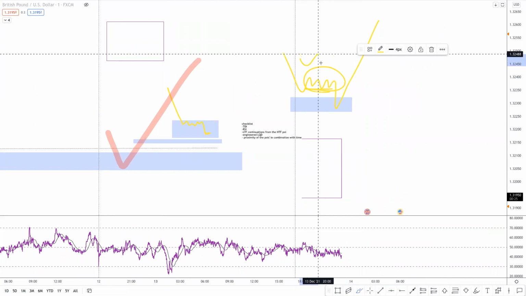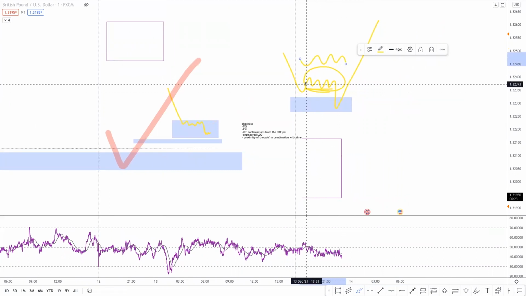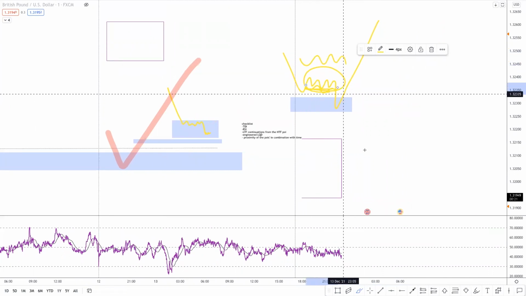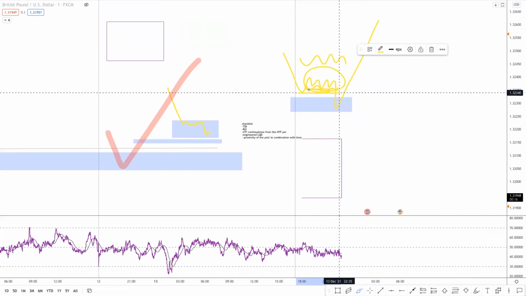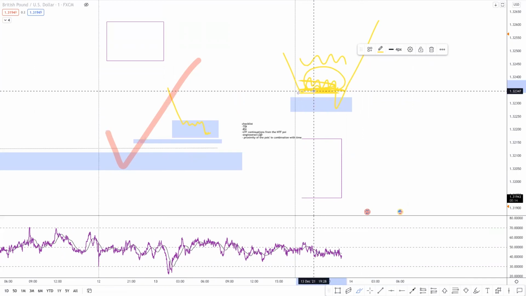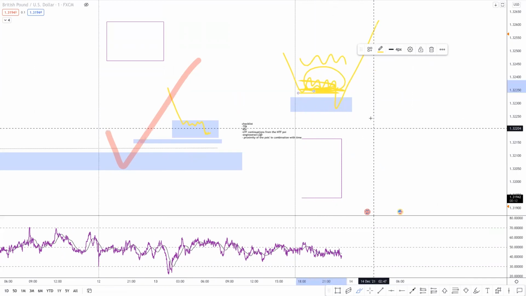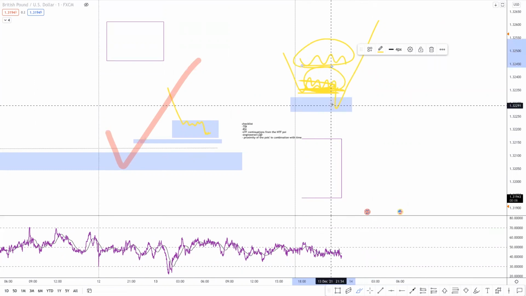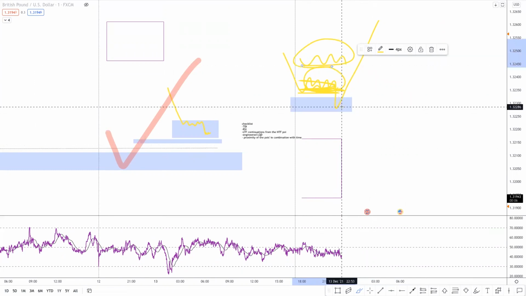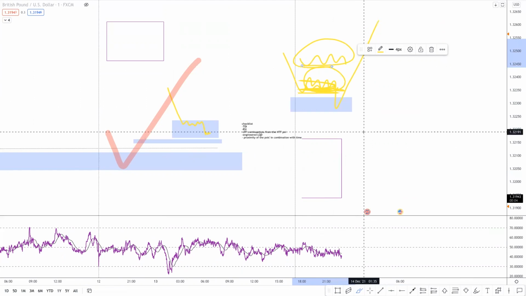Is this liquidity building all the way up here, or is it building closely to the POI? If we do not have a liquidity buildup that is very close to the POI, such as here, then it is less likely to work. For example, if our liquidity is up here, it is unlikely to tap this and run. It is actually more likely to tap this, go through it, and then run.